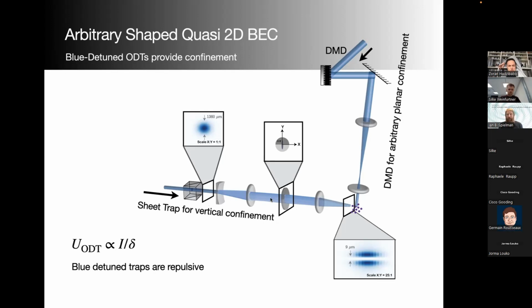Horizontally, as I'll describe in a couple of slides, we create a sheet trap using a horizontally propagating Hermite-Gauss mode with a 0 here in the center of the mode. And we apply arbitrary potentials using a digital mirror device by projecting downwards onto the atoms. All of these potentials are blue detuned, so we're capturing in the node here, and the atoms are repelled from the light we shine with the digital mirror device.